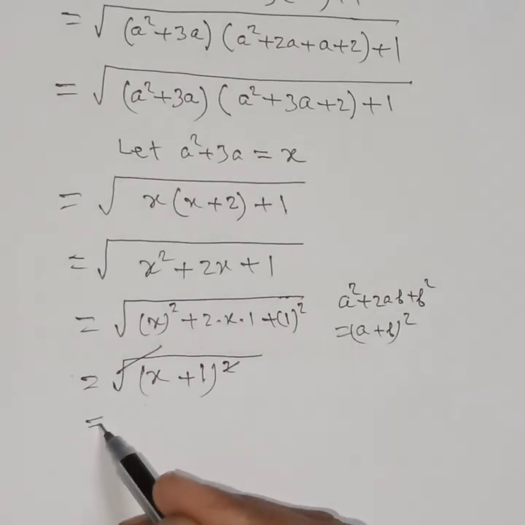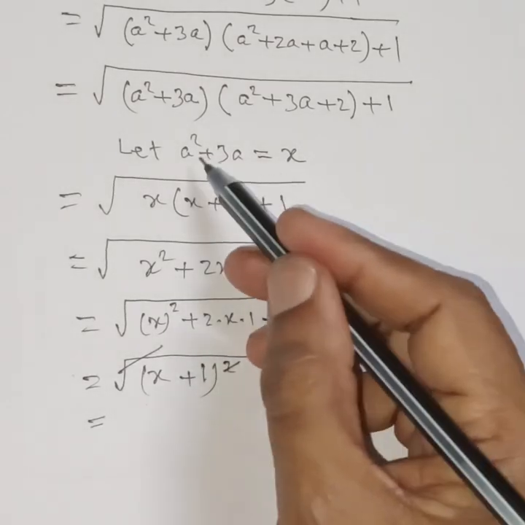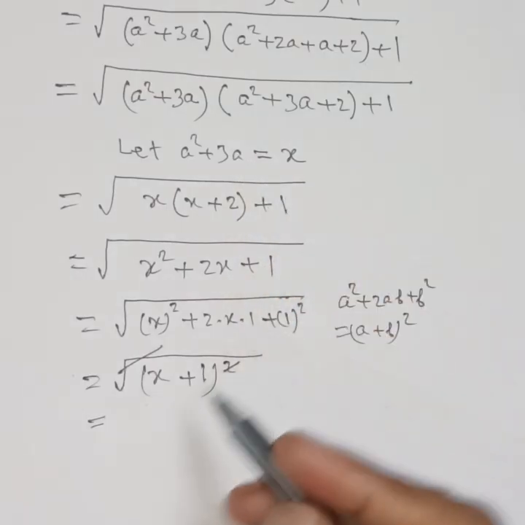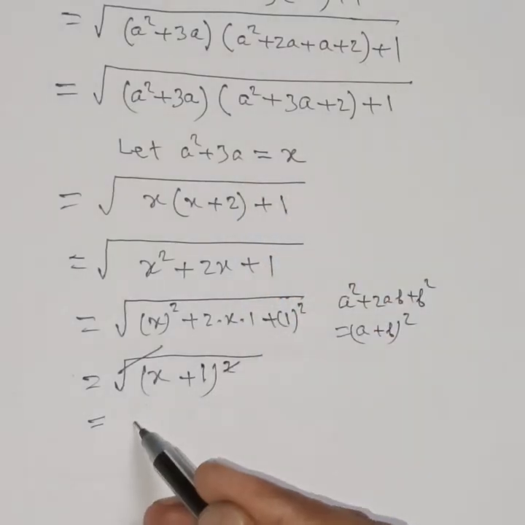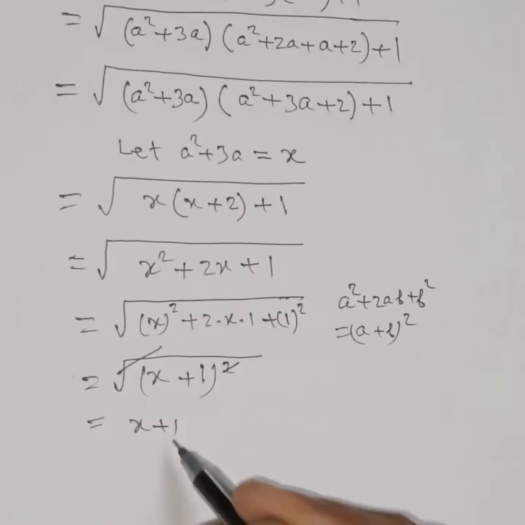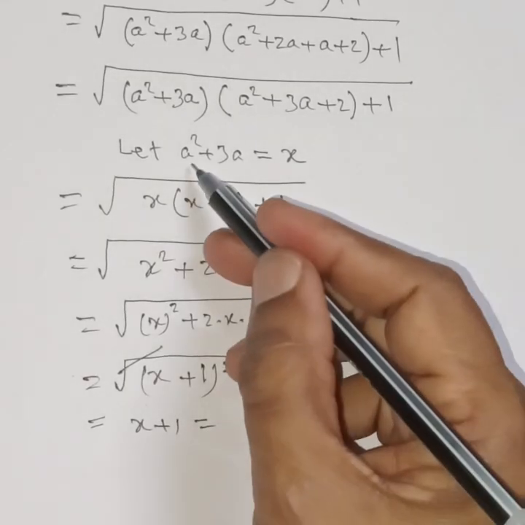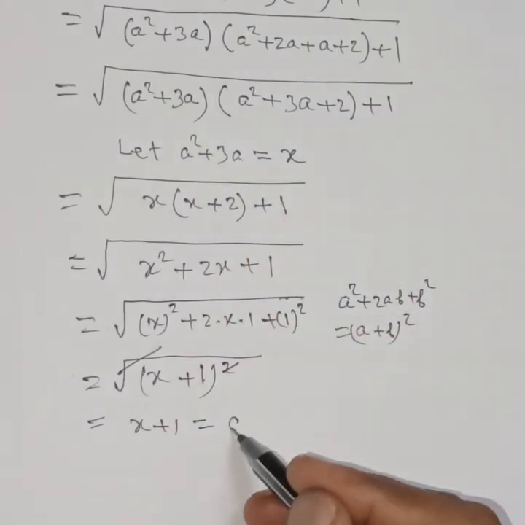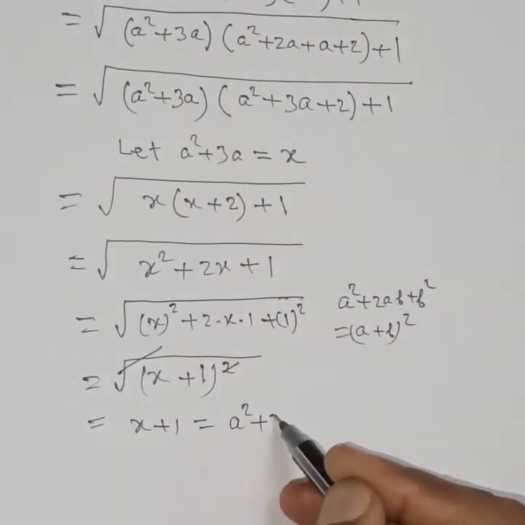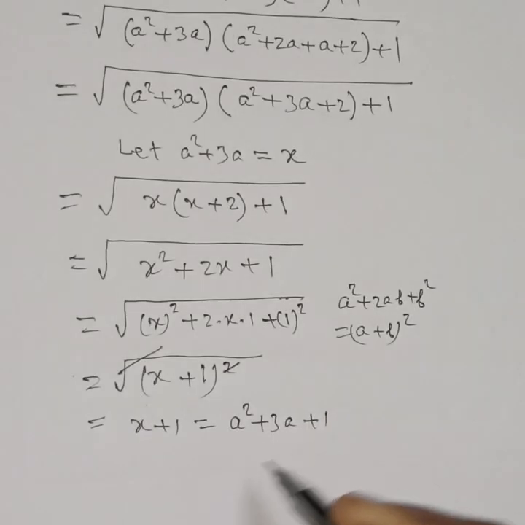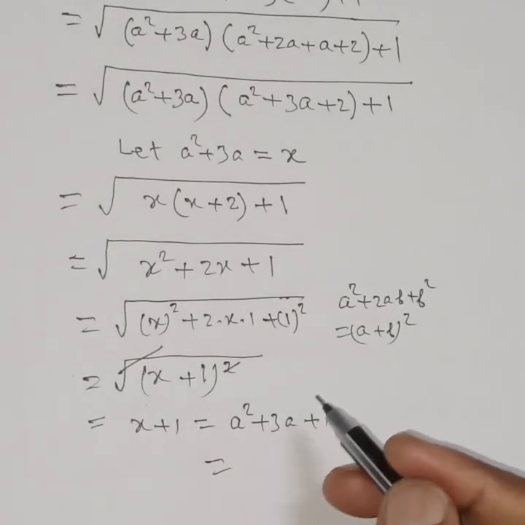is equal to, but x is equal to a square plus 3a, this is equal to x plus 1 is equal to a square plus 3a plus 1, but a is equal to 10.